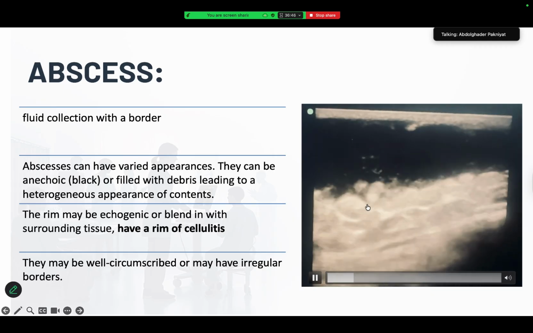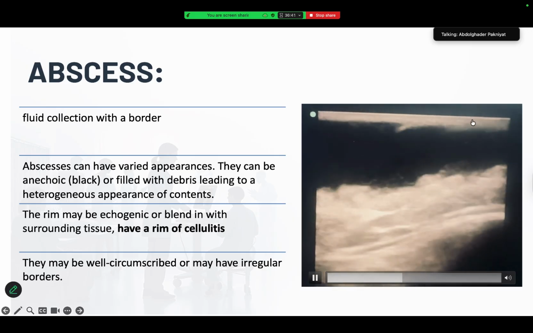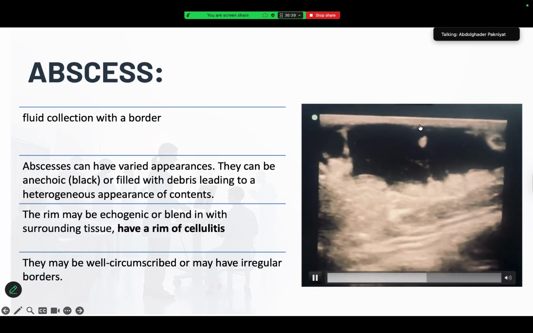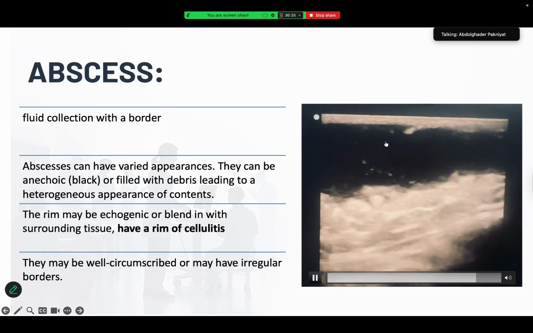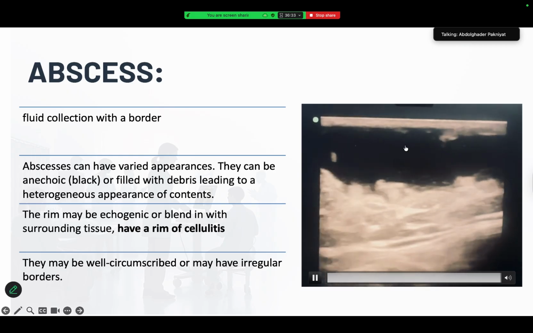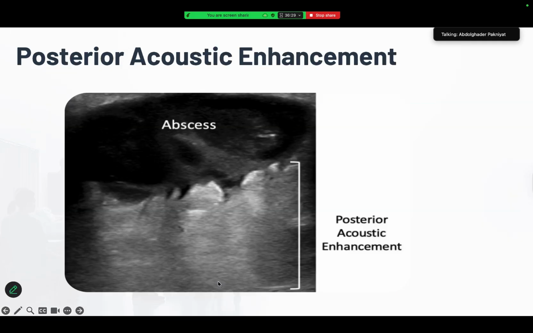If you see here in this video, there is a dermis, and there is an abscess immediately under the skin, and there is some debris inside this pus accumulation. So it's a typical case of abscess. One good landmark in detecting abscess is posterior acoustic enhancement.